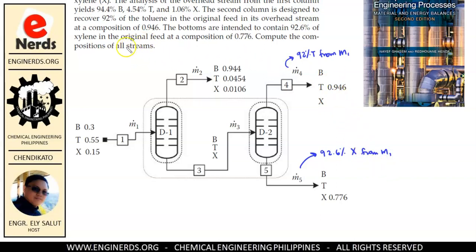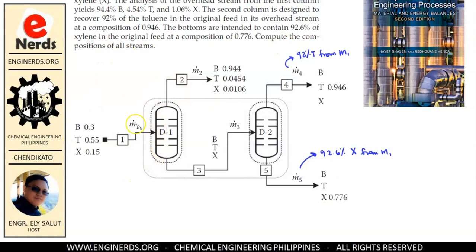Okay, because this is coming from the original feed with a composition of 0.776. So, ito yung composition ng ating xylene here, 0.776. While dito naman sa ating overhead, our toluene composition is 0.946.